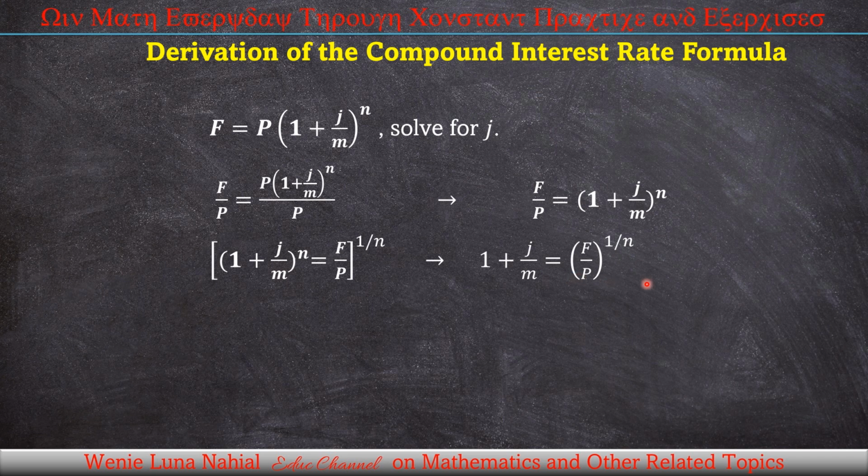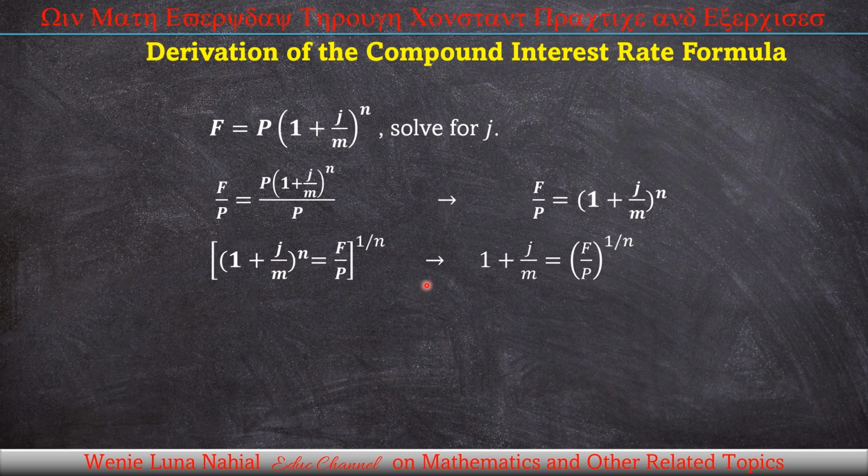We are just doing this because we follow the way we read. We used to have the unknown at the left side of the equation. So in this equation, we have to solve for J.